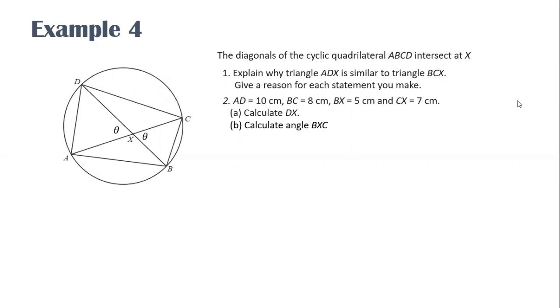Give a reason for each statement you make. Number 2, AD is 10 cm, BC is 8 cm, BX is 5 cm, and CX is 7 cm. Calculate DX and calculate angle BXC. Okay, students, we are going to answer this one step by step. Question 1. Explain why triangle ADX is similar to triangle BCX.